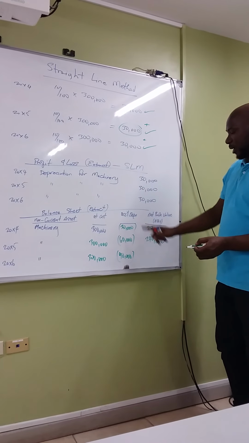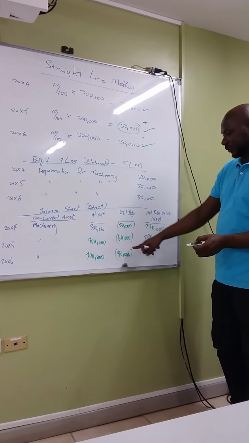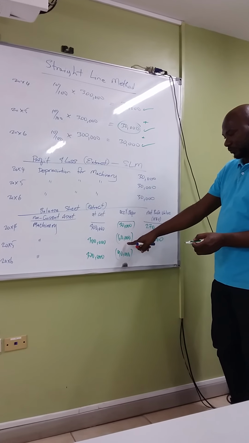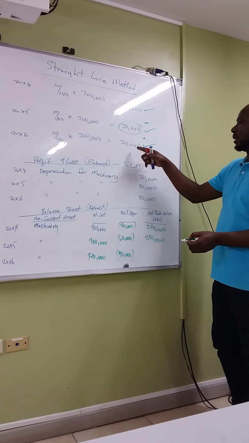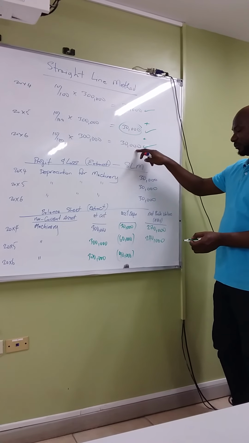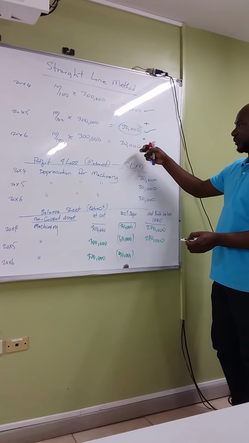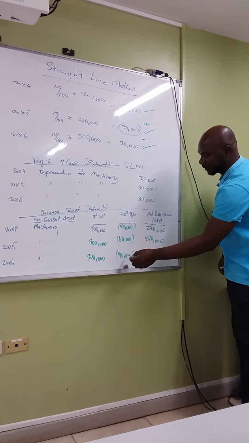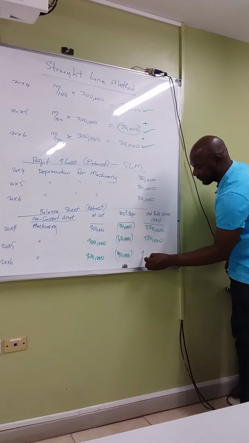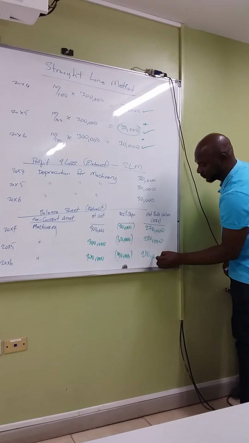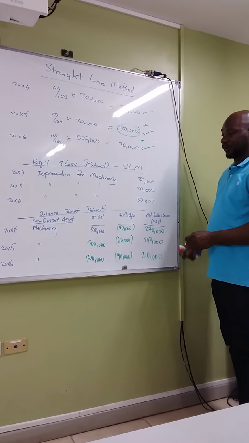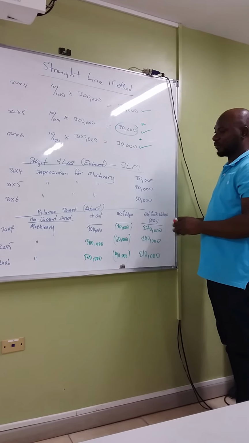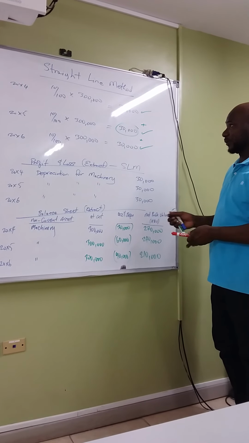Right? Prior to 2006, in 2005 it was $60,000. Another for 2006, the depreciation charge was $30,000. So added to it, you get a total of what? $90,000. Minus the $90,000 from the $300,000 gives you a new net book value of what? $210,000. Right? Gives you a new net book value of $210,000.